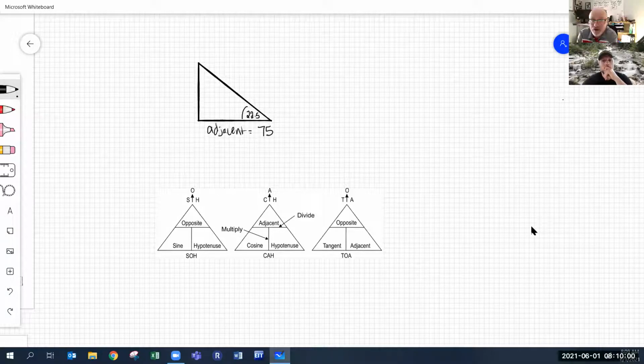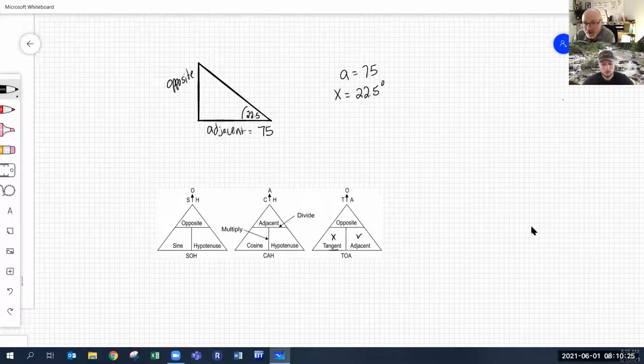I want to know my side opposite. So I have an adjacent that equals 75 and an angle that equals 22.5 degrees. So what formula triangle am I going to look for? I'm given my angle and I have the adjacent and I want the opposite.